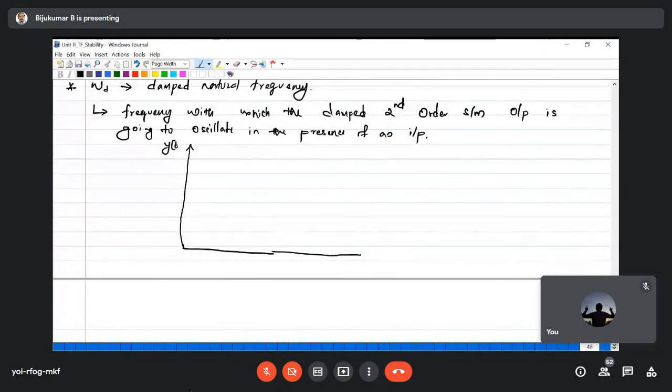Let this be y of t and this is t. How can I draw this? We know the steady state value is 1. Let it be 1. What will happen to the waveform?